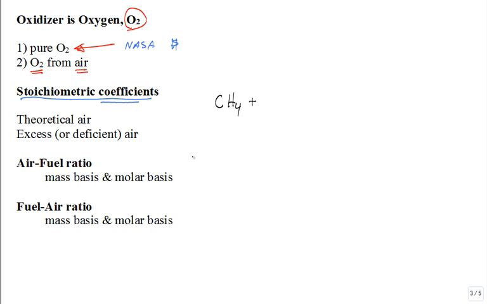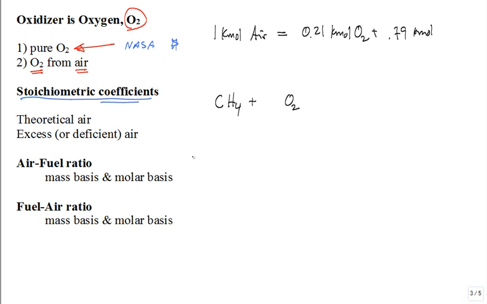Now, if we get the oxygen from air, and the standard air is 21% oxygen, so 1 kilomole of air brings in 0.21 kilomoles of oxygen and about 0.79 kilomoles of nitrogen.